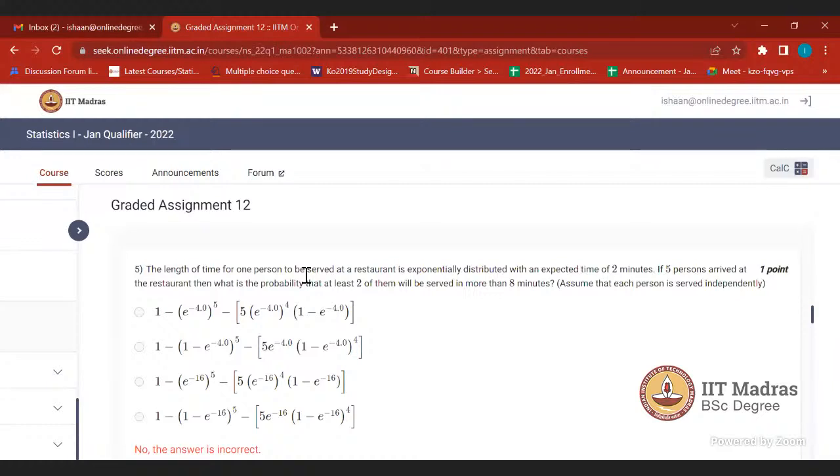Okay, let's see. One person is exponentially distributed with expected time of 2 minutes, right? It will be served in more than 8 minutes. Can you tell me your values?